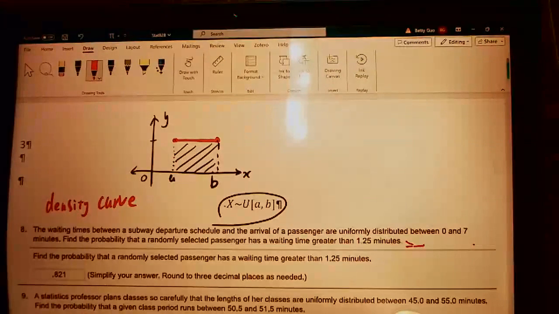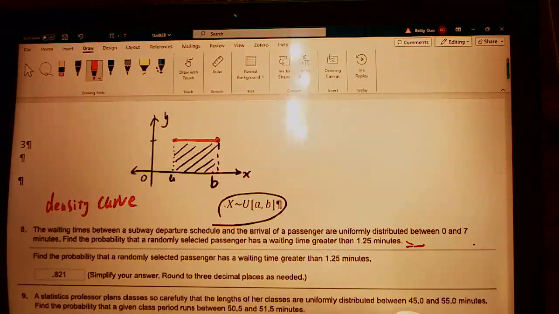Sometimes you catch the train right away, so you wait 0 minutes. Sometimes you have to wait longer. For this subway, the longest time you need to wait is 7 minutes.